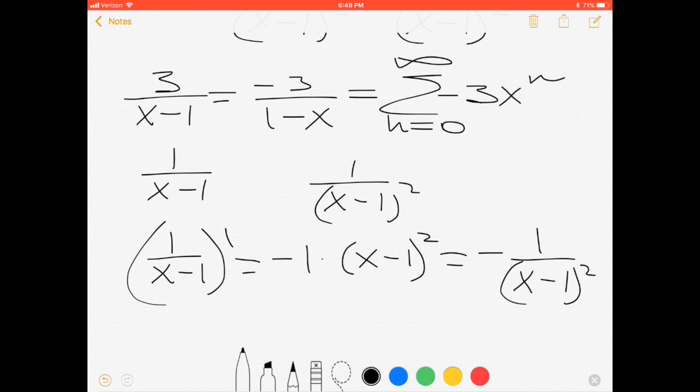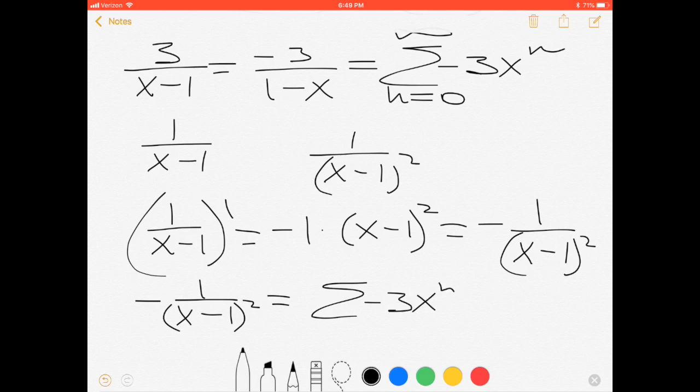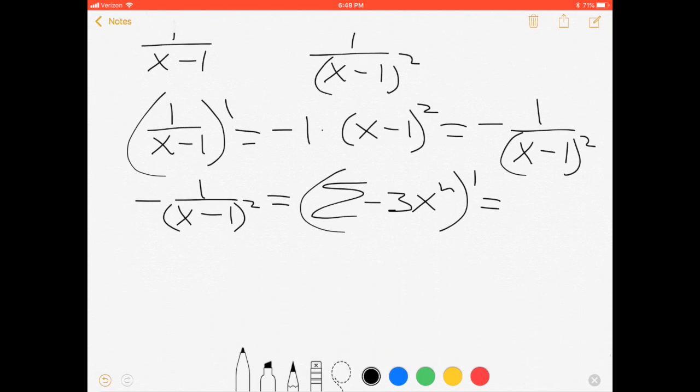This means if we want minus 1 over (x minus 1) squared, it will be the derivative of my series, minus 3x to the power n, n from 0 to infinity.